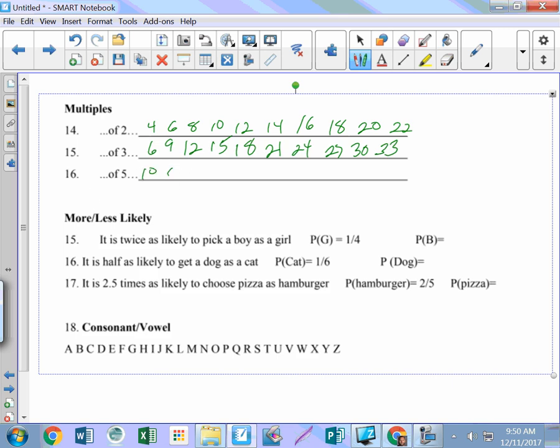Then 5: 10, 15, 20, 25, 30, 35, 40, 45, 50. That's good enough.